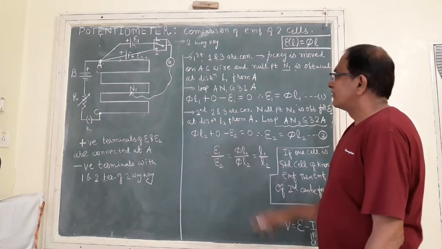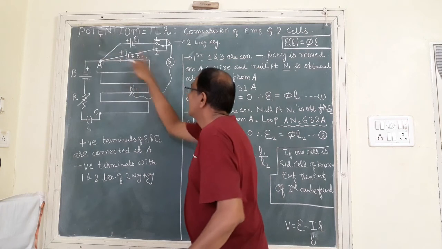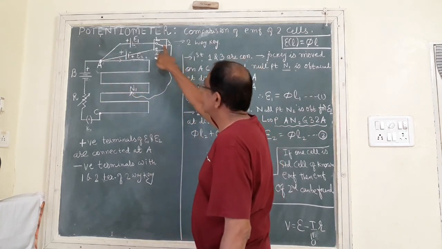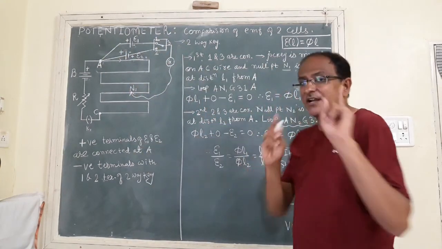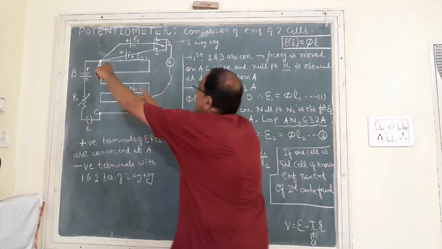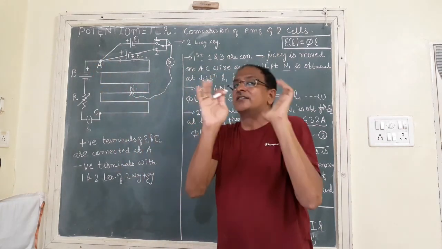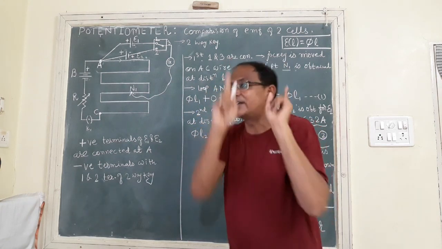Now we consider the loop A, N1, G, 3, 1, A, and we apply Kirchhoff's rule.